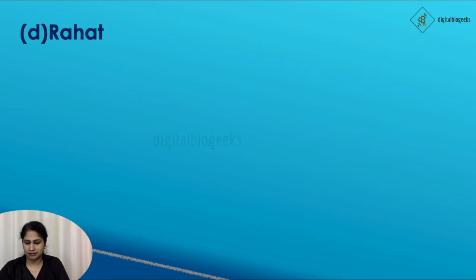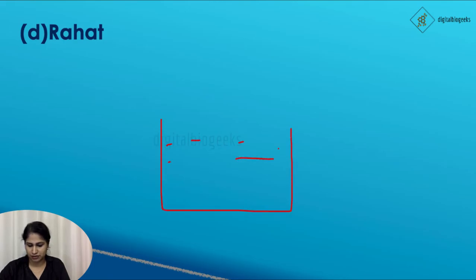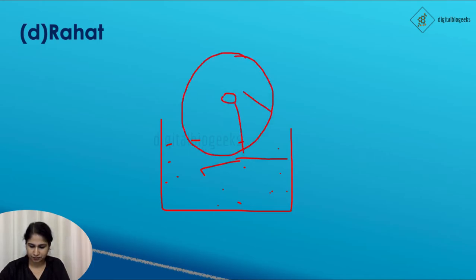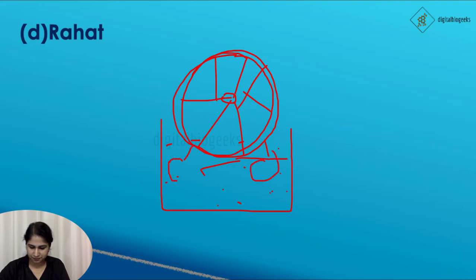Now Rahat. In this system of irrigation, there is a well, water is here, and a wheel is placed over this well. This is a wheel, and around this wheel a chain is there. This chain will contain buckets.